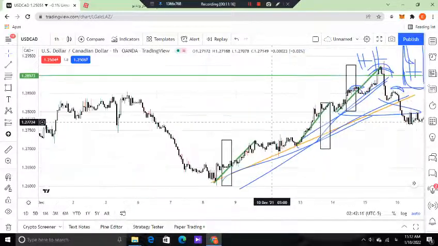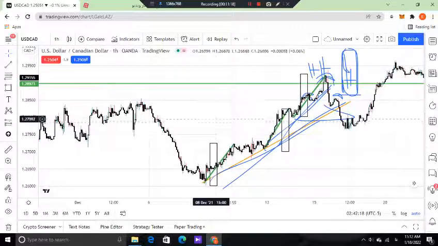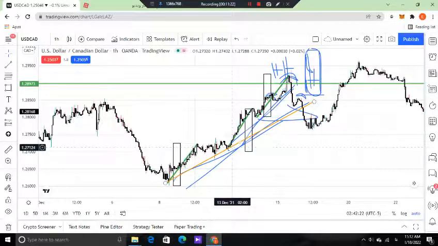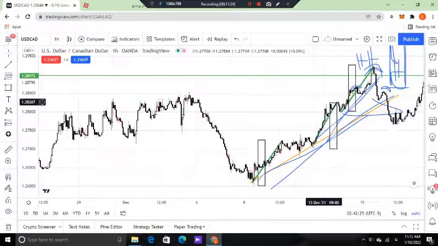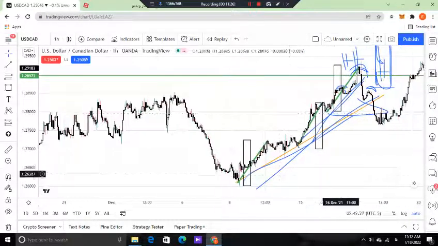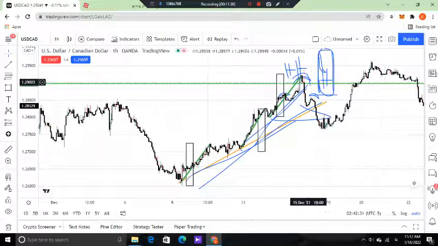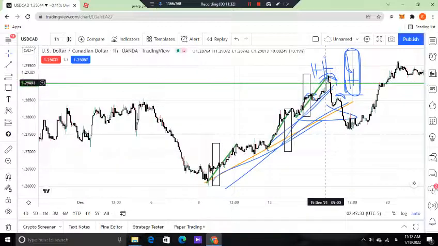So it was strong enough to make the third one, because in most cases it's just two legs, but if it's a trend and it's a swing, we expect to see other legs like this one.